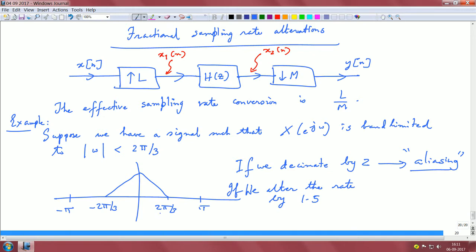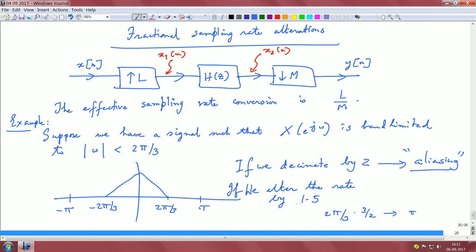So this 2π by 3 point is basically 2π by 3 into 3 upon 2, 1.5 is 3 upon 2, and this is basically okay. It basically stretches, so this is possible. So this is π here, the 2 gets cancelled and the 3 gets cancelled, this is π. And of course, minus 2π by 3 is mapped to minus π.